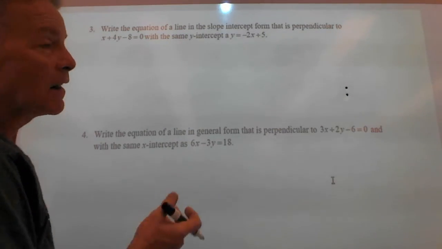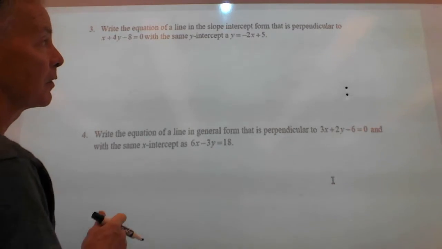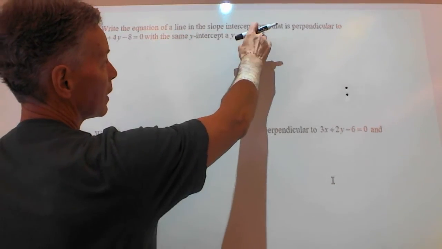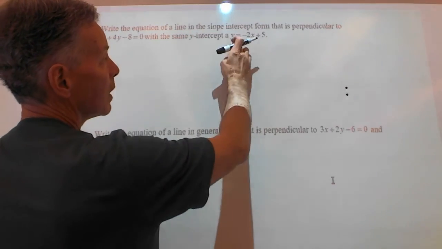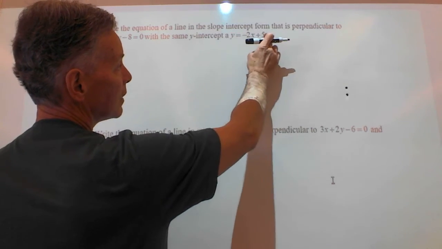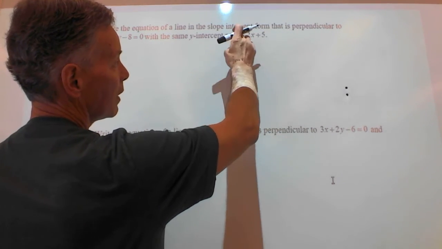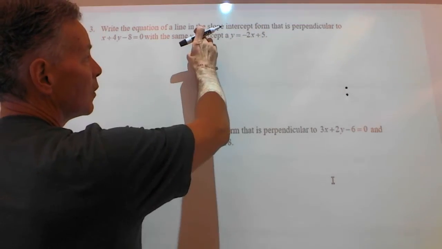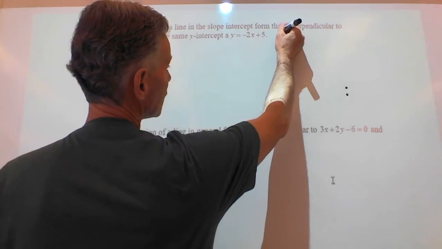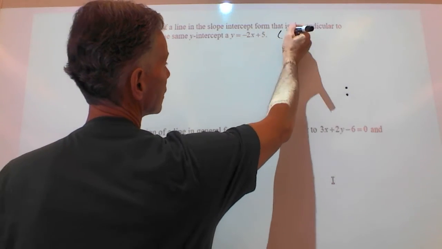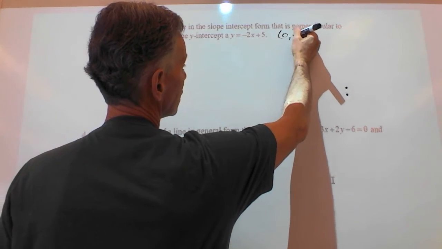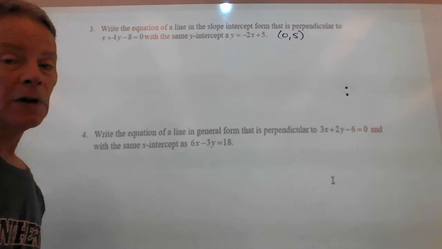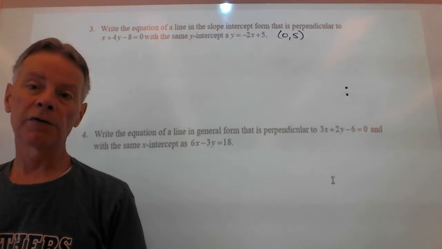Well, let's see what we can extract from this. So it says it has the same y-intercept as this one. Well, take a look. This is in slope-intercept form, right? Y equals mx plus b. So the y-intercept of this line is 5, which would be the ordered pair 0 and 5.